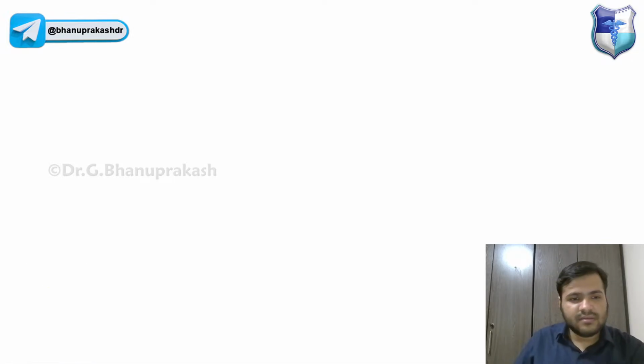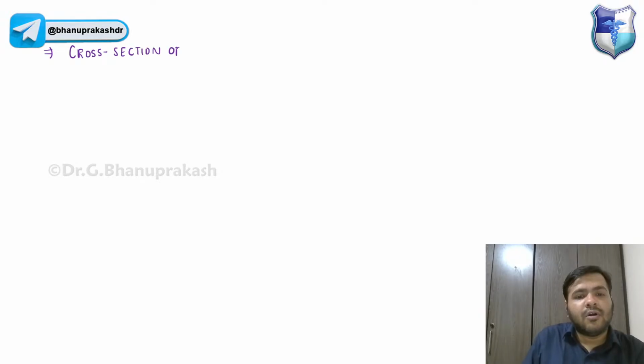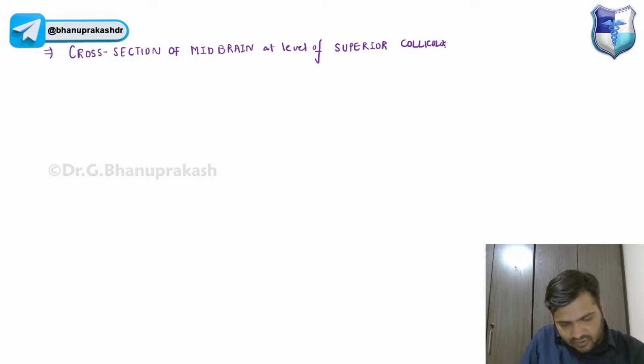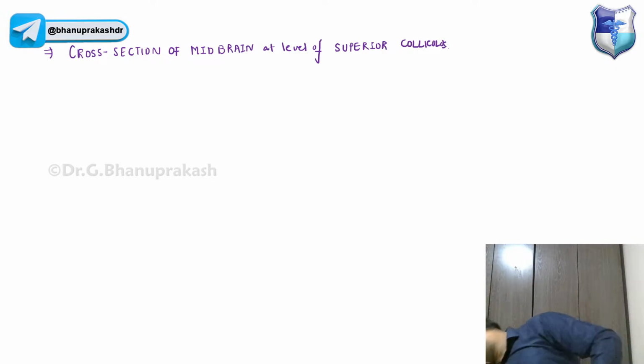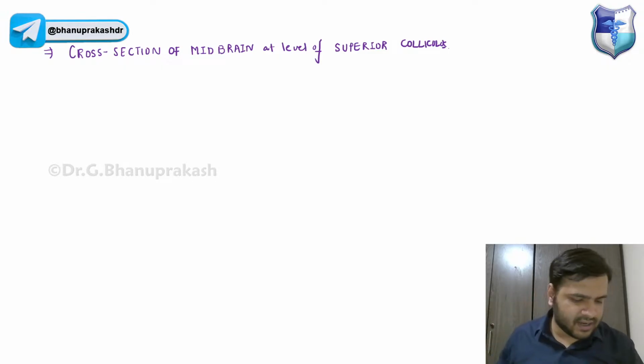So please write this down: cross section of midbrain at level of superior colliculus. Yes, Alekia, you're right. I missed out the comment, but yes, it's right.